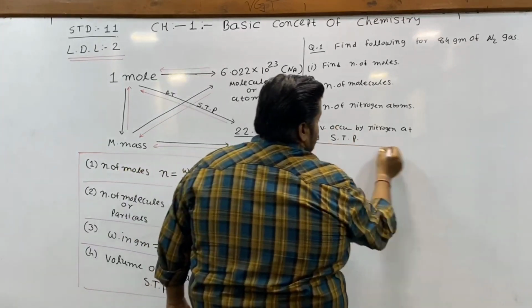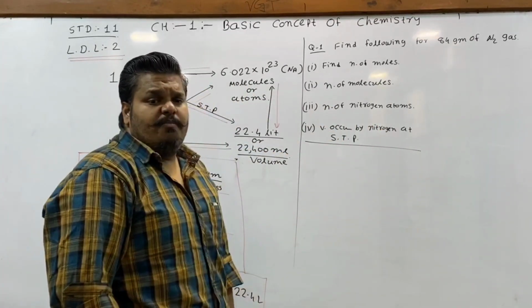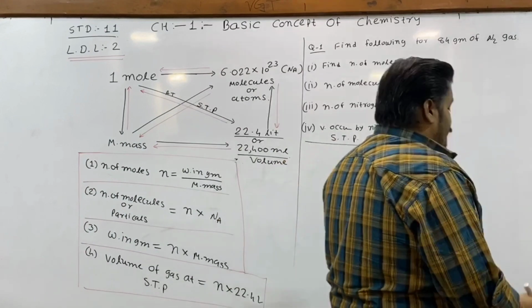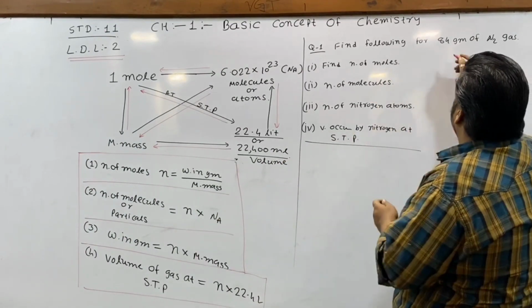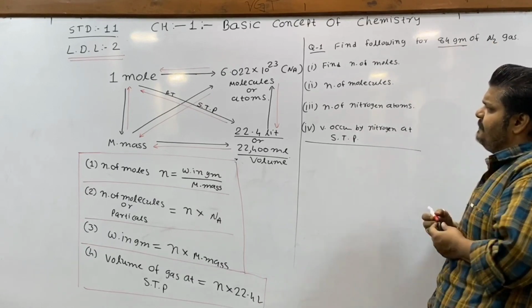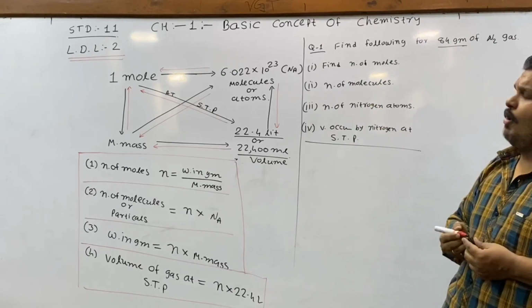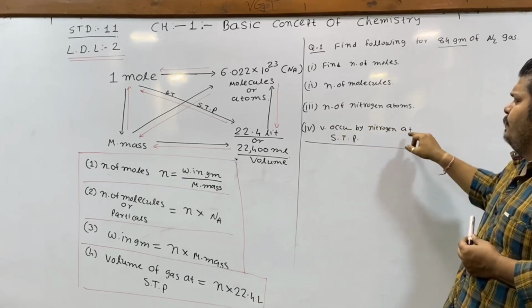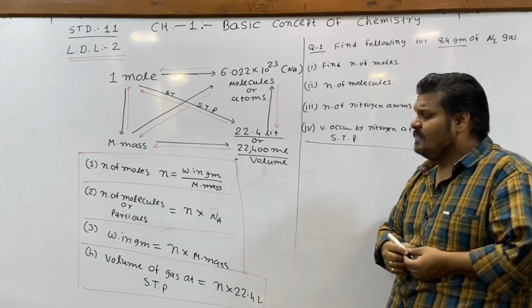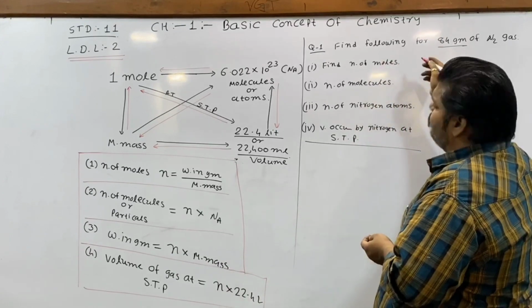So we have 4 questions to answer. Find the number of moles of nitrogen gas present in 84 gram of nitrogen gas. We also have to calculate the number of molecules, the number of nitrogen atoms present in it, and the volume occupied at STP.